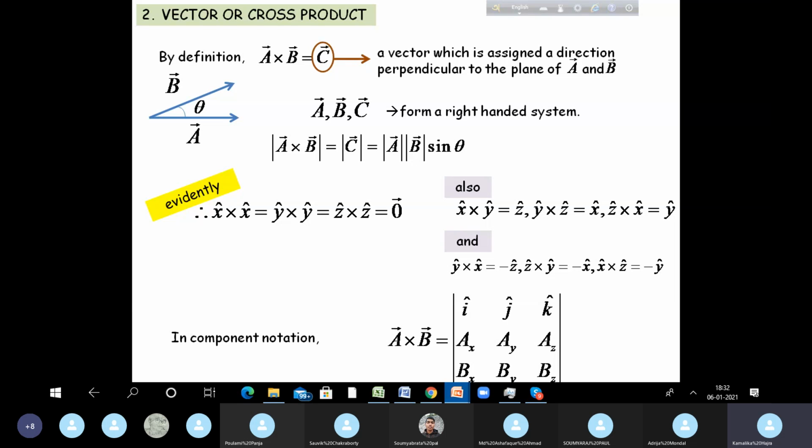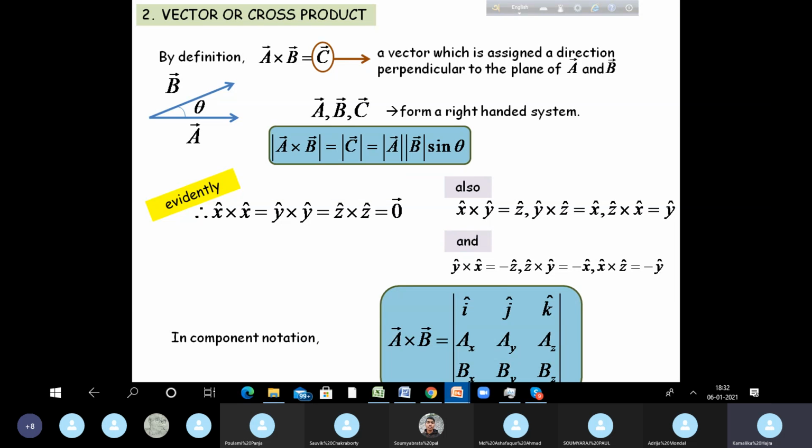All right? Okay. So these are the two formulae that you need to remember in case of a cross product.